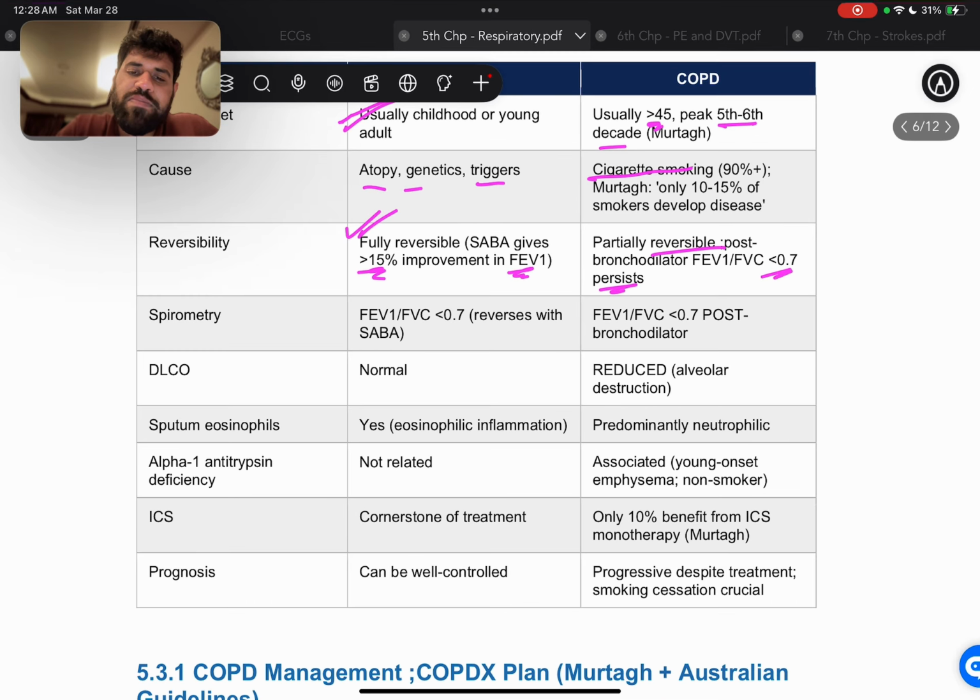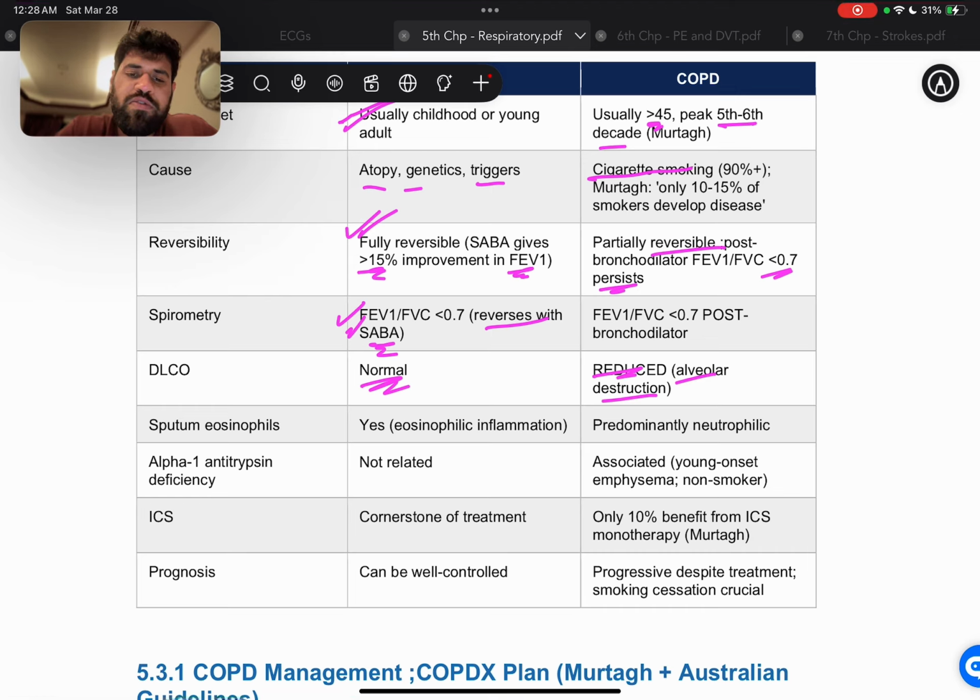All right. Spirometry, in asthma FEV1 by FVC is less than 0.7 and reverses with SABA, whereas in COPD FEV1 by FVC is less than 0.7, but even after post bronchodilators, it doesn't change much. DLCO is normal in asthma, whereas in COPD it's reduced because of alveolar destruction.